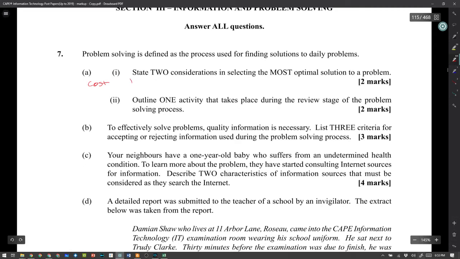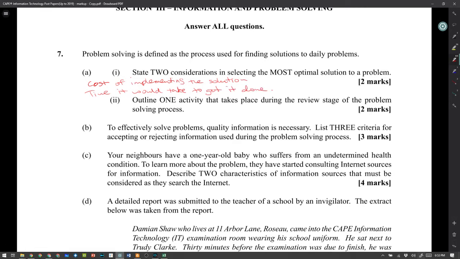Did I say state here? So state could be any. Cost of implementing the solution and time it would take to get it done.